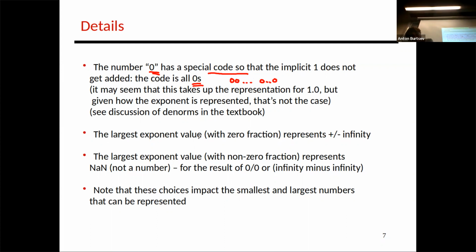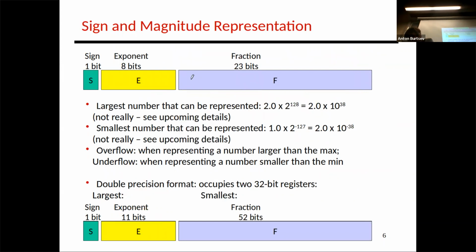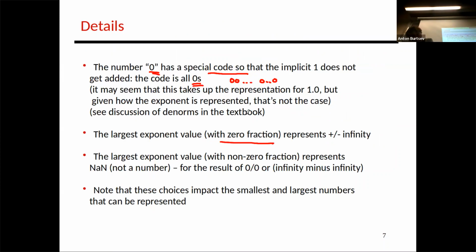So the largest exponent value, however, with the zero fraction. If the fraction is all zeros and the largest exponent here, it represents the number which is plus infinity or minus infinity, depending on the sign bit, right? And again, it's a trade-off.